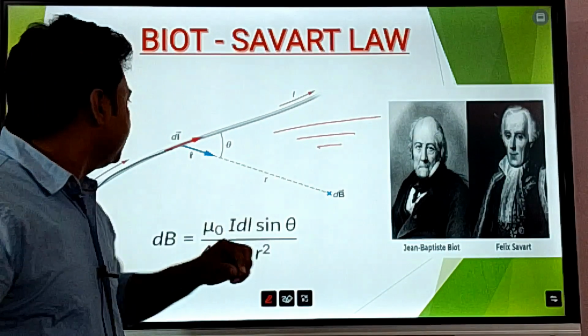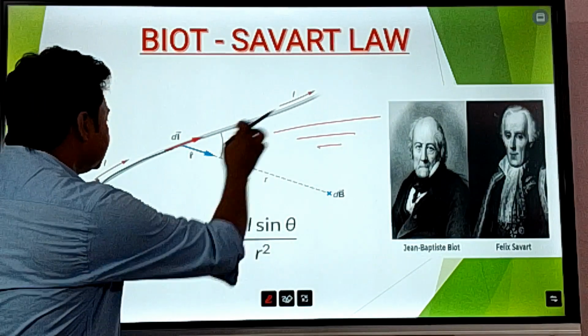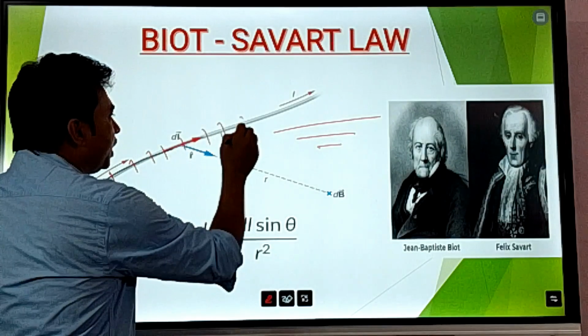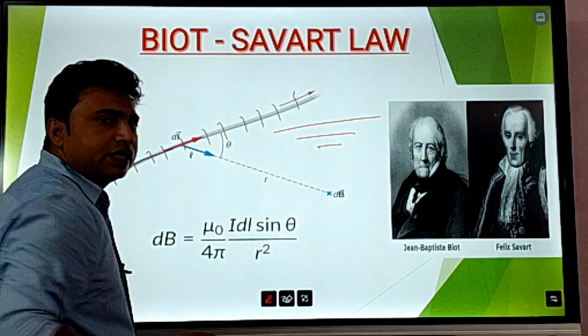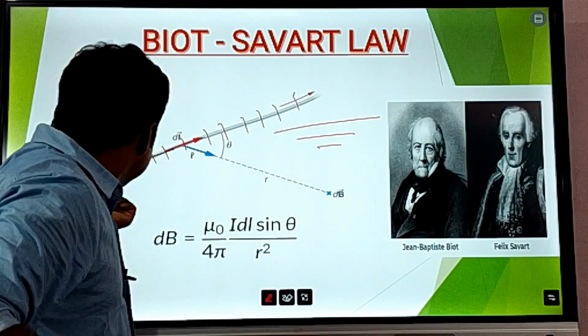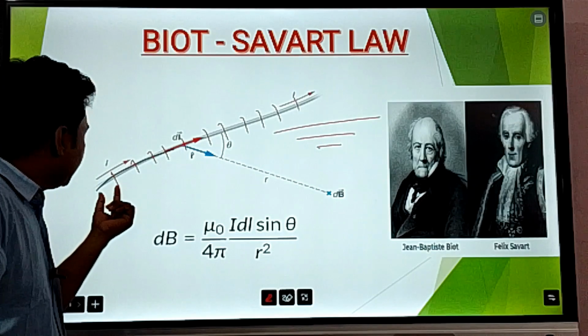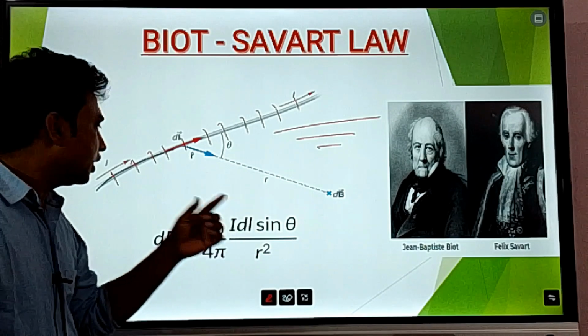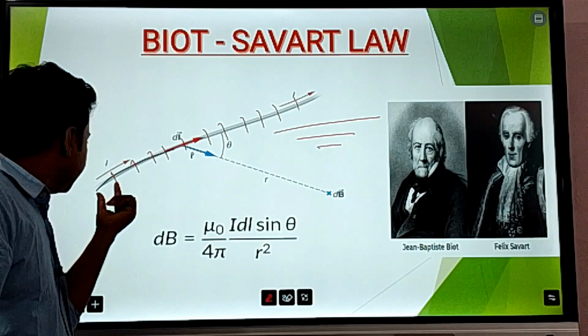So what I have told you is that I am going to divide this line segment into very small parts, and a small part of the line segment carrying current is known as the current element. But this length can be considered small only when it is compared with something. Without comparing, we can't say this length is small.